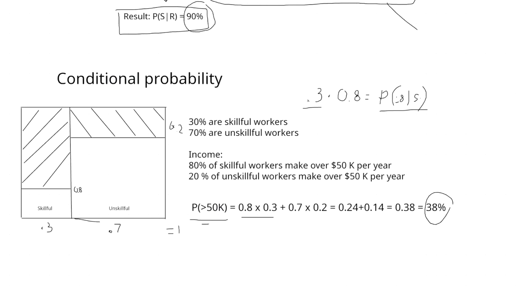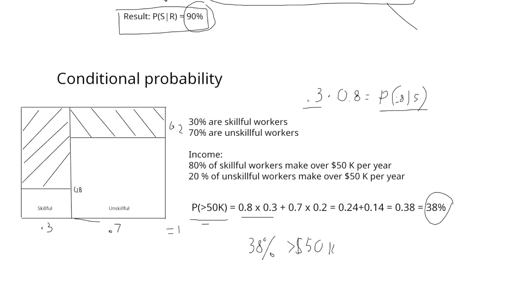So this means that 38% of the community residents have an income greater than $50,000 per year. Okay. That's what it is. Very, very simple.